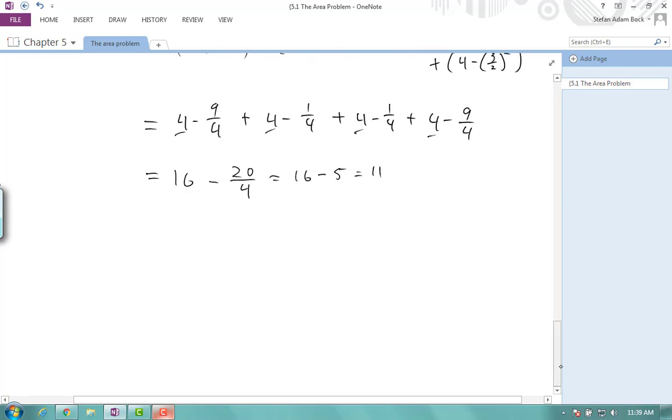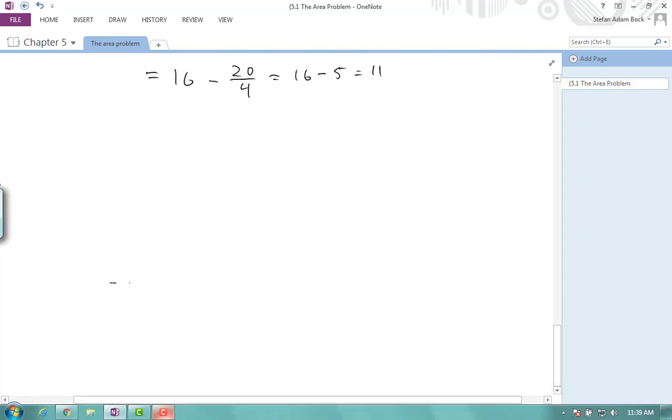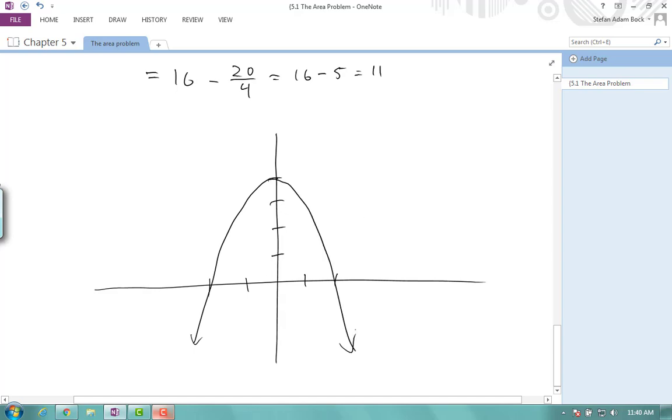And I could probably get an even better estimate if I used more rectangles, because of what's happening in my picture. So let's try to draw this one with 8 rectangles. I have 4 integers here, so let's try one here, one up here, one up here, and here.